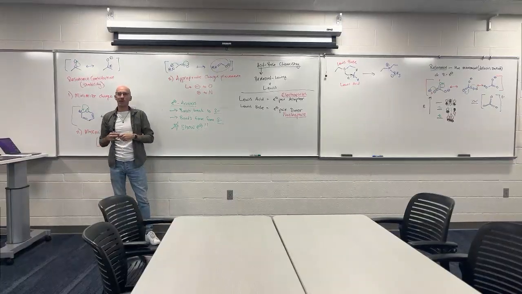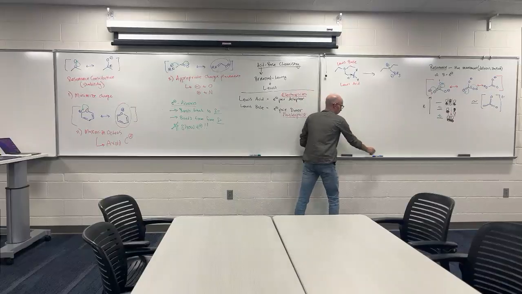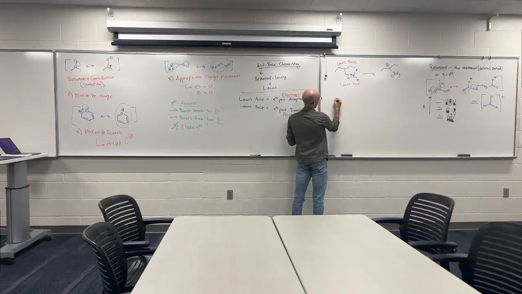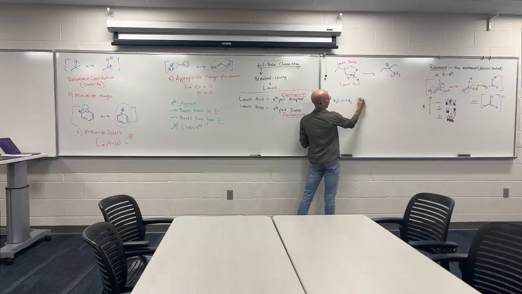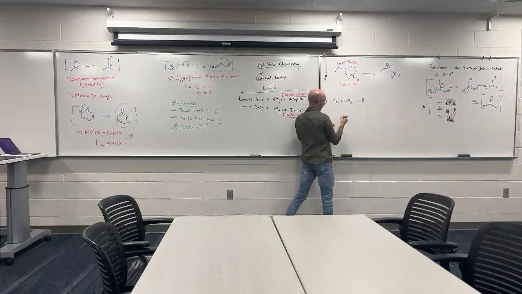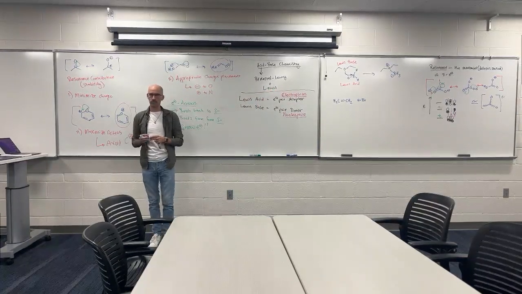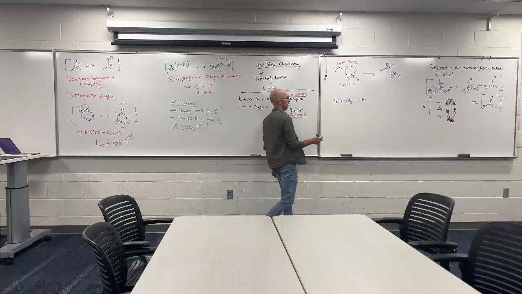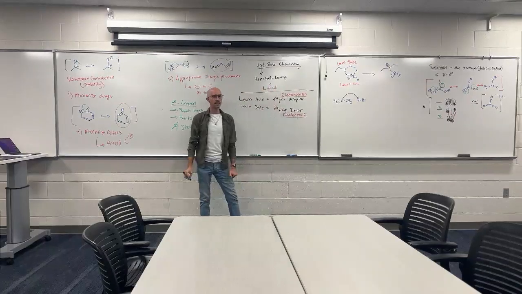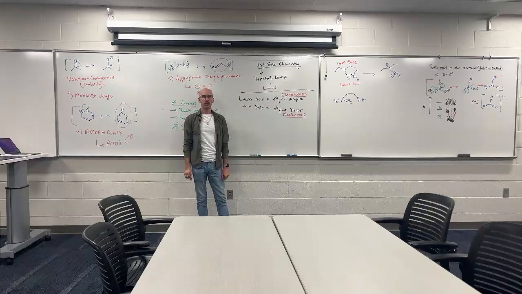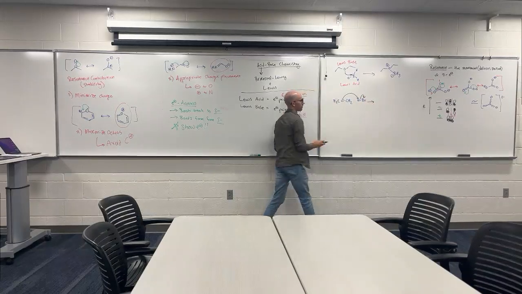Then there are some weird examples. Take, for instance, H2C double bond CH2 with HBr. Notice I'm drawing the HBr bond. Electron arrows start from the CC double bond, and they move to the hydrogen, and then the HBr bond breaks.